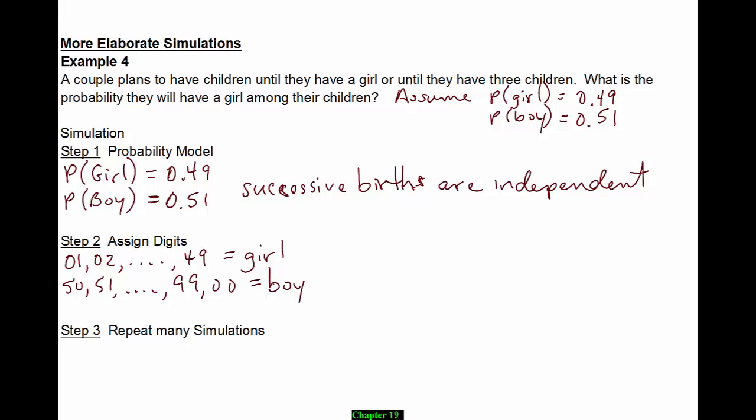And now we get to repeat many simulations. So let's copy down some digits out of the table of random digits. And I have one right here in front of me.